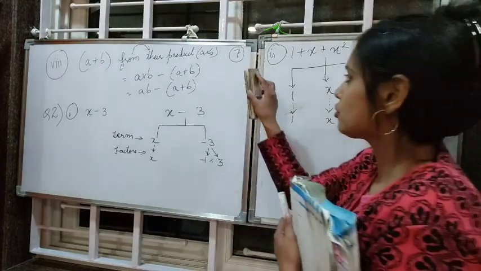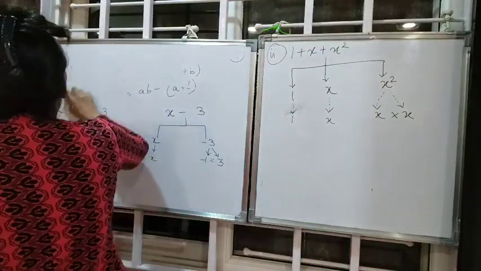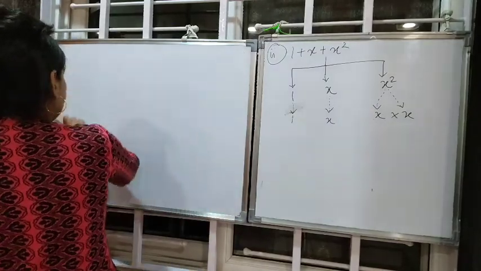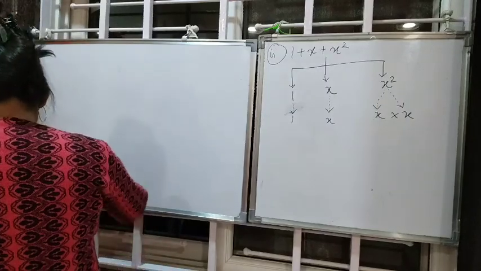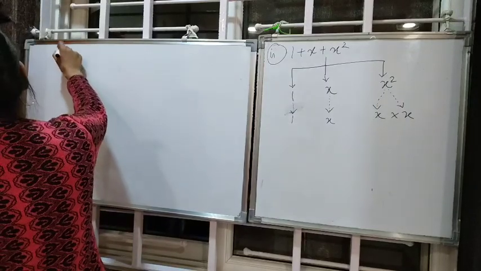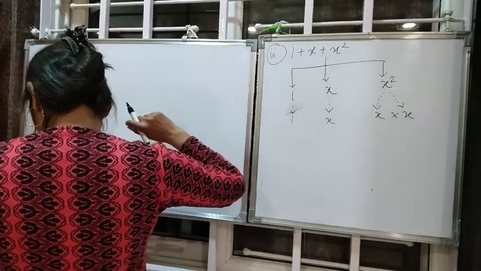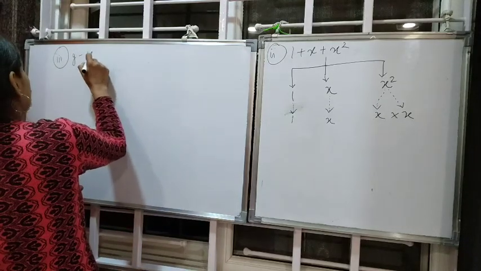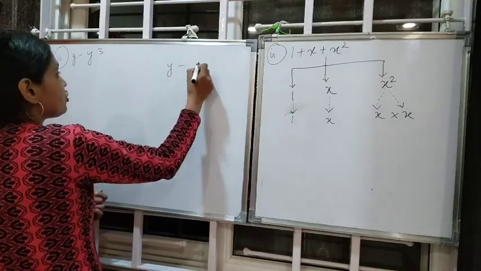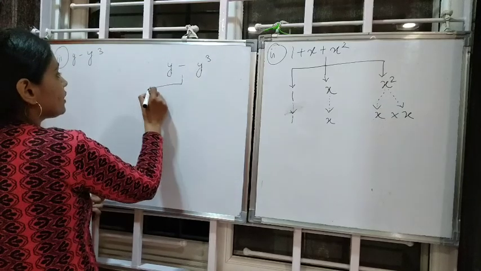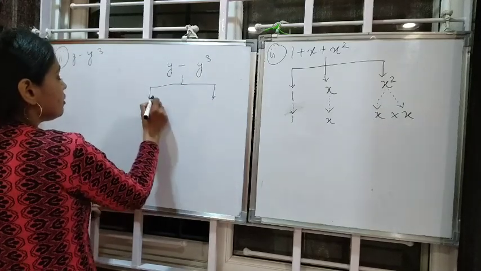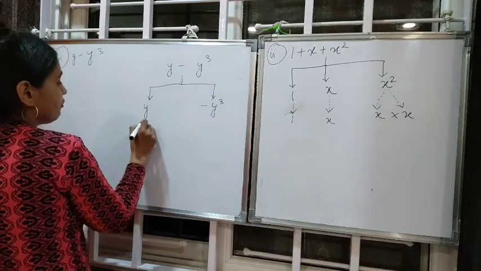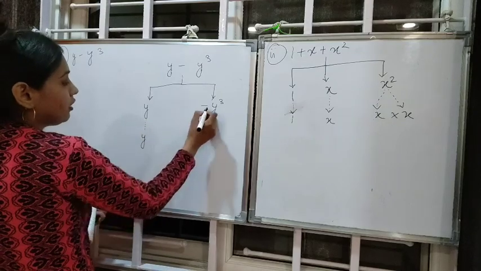Then we go to the third part, children. The third part is y minus y cube. So this is the expression y minus y cube. Let's write the terms. Terms: y and here minus y cube. Factor of y is only y.